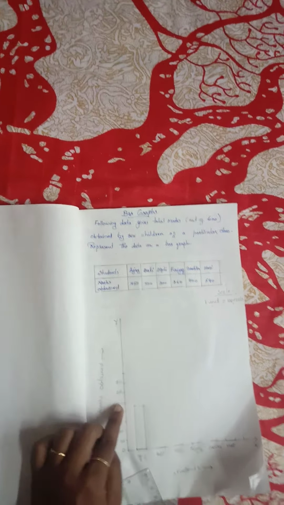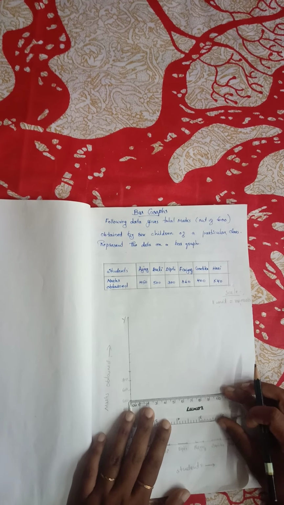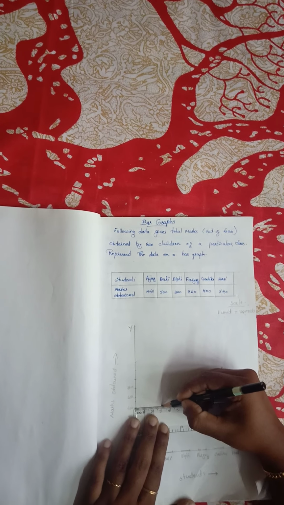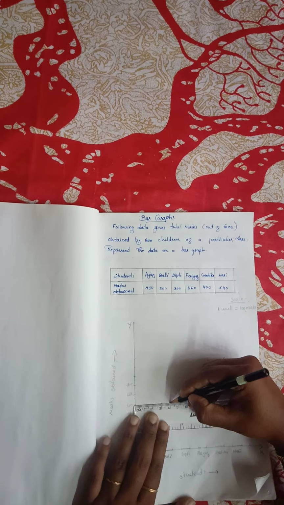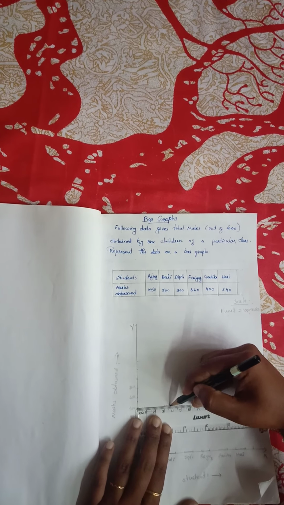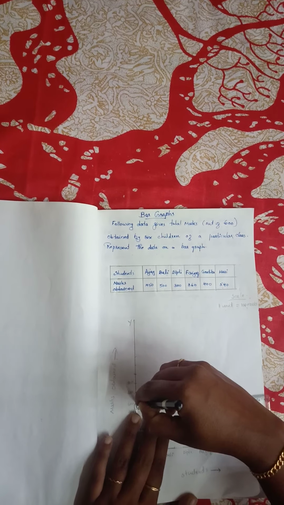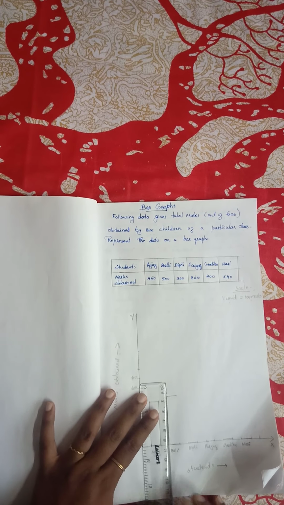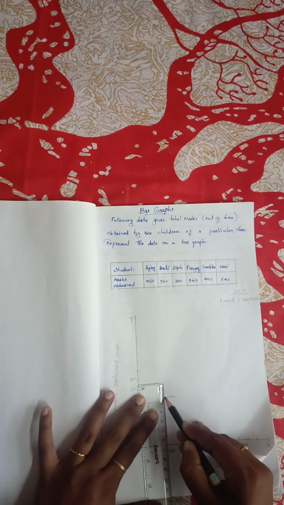Next, 500 for Bali. Take the point to 500, then units 3 and 4 will be joined. We join this point to here. On the y-axis we get 500. Next we join here.